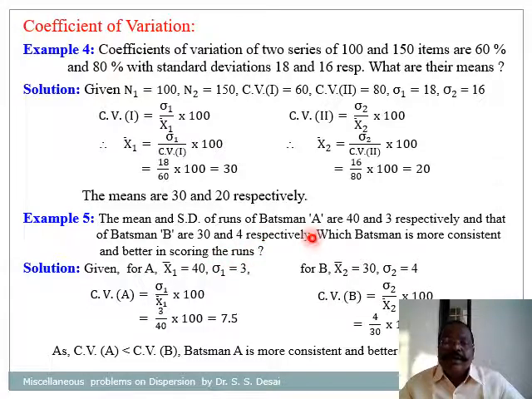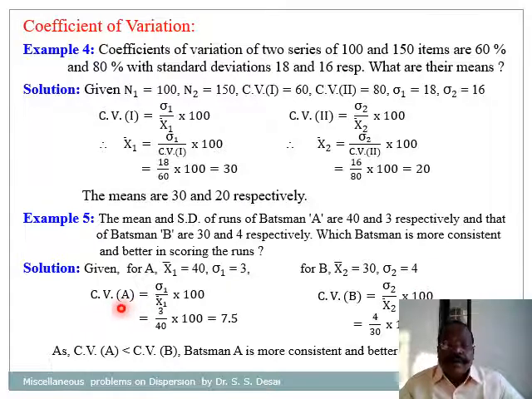So here they want the comparison, and we know for comparison CV is used. For batsman A, x1 bar is 40, sigma 1 is equal to 3, and for batsman B, mean is 30 and standard deviation is 4.